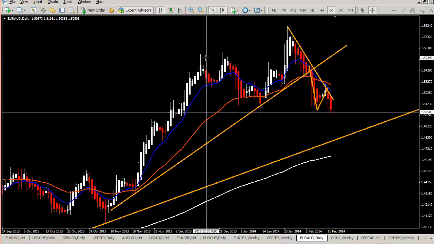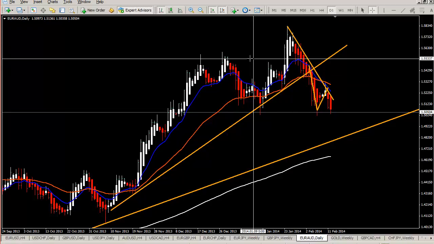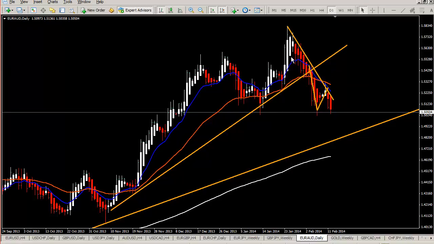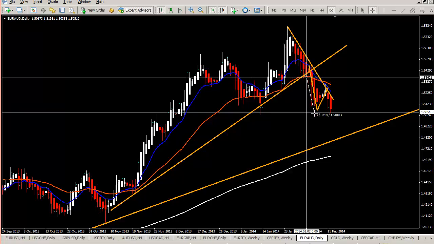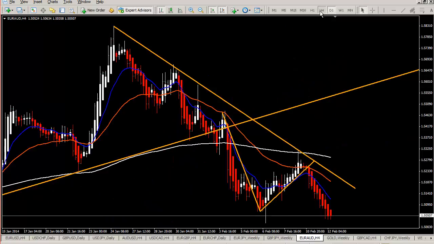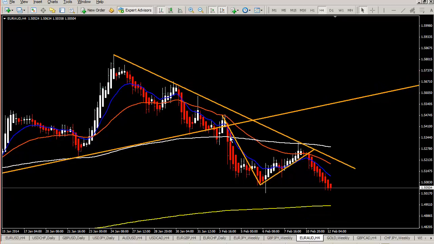You see all these topping formations, then a break and price comes back, so it's a false breakout. If the price breaks this line, usually the move is quick, okay? And that's what happened. And Robert sent over a chart.